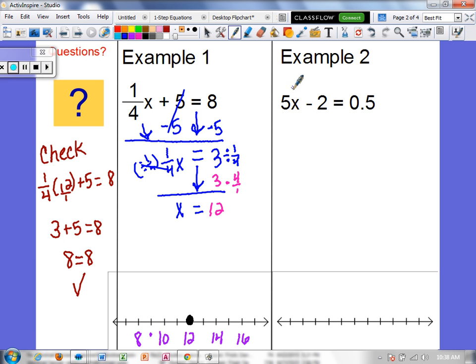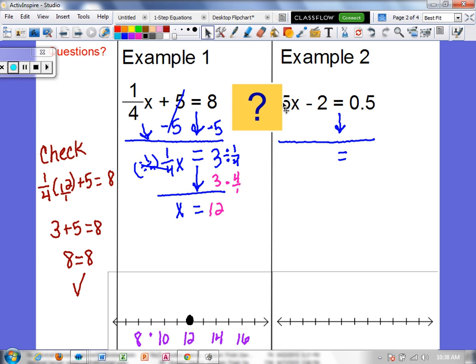Alright, example 2, 5x minus 2 equals 0.5. So let's separate the left and the right sides. Now I want to move the constant first because I don't know what that is. I don't know what 5x really means yet, but I know something minus 2 equals 0.5.